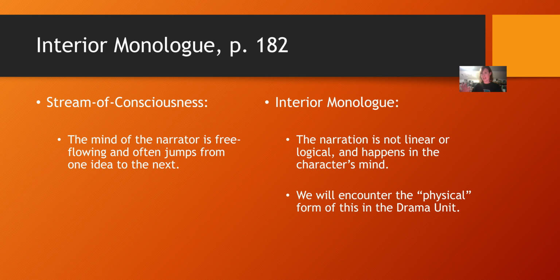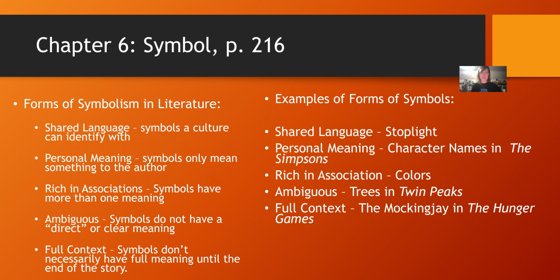Like I said in our last video last week, we'll talk more about this specifically in the drama unit, but page 182 outlines this along with stream of consciousness, which I always think of Alice in Wonderland when I see these terms, because Alice in Wonderland is very stream of consciousness, very random. Everything happens in different orders, and there's no real linear path to the narrator or the narration.